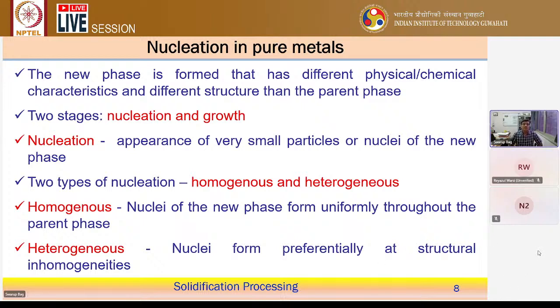Nucleation is basically the appearance of very small particles, or nuclei, of the new phase.